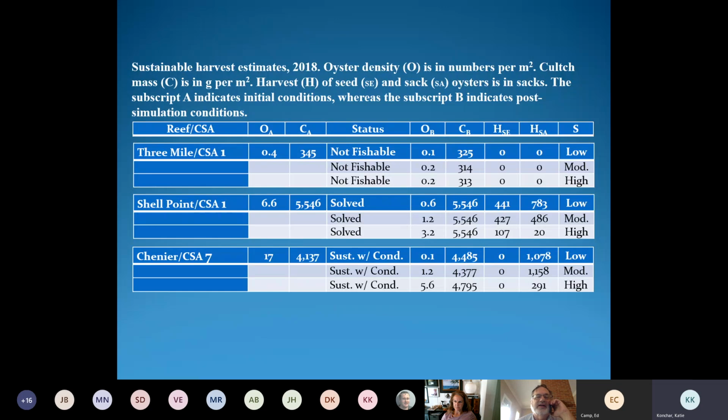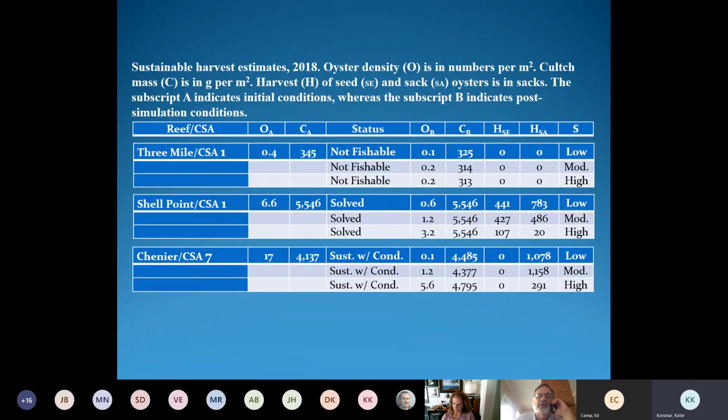reef, there's less than 1 oyster per square meter, and it's just not fishable under any salinity scenario. There just aren't enough oysters there to support the amount of culch needed. So even though there's only a small amount of culch and it's suboptimal, there aren't even enough oysters to support this small amount of culch.